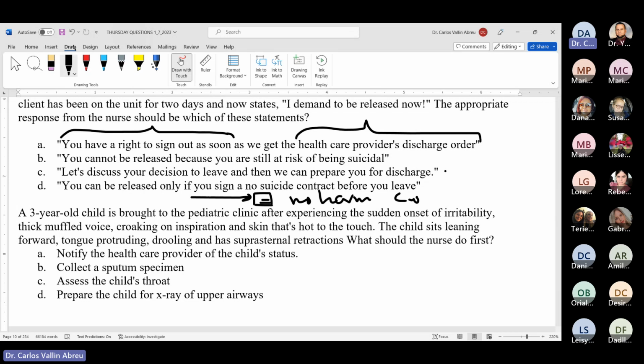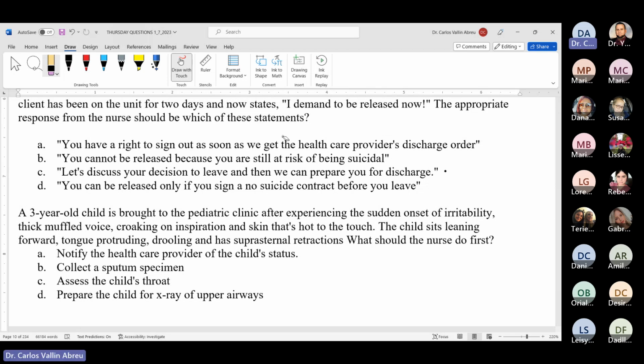So this is this contract. Okay, if you didn't know that, by the way, it has been in English. But here it says you can be released only if you sign a non-suicide contract before you leave. So all are very interesting.